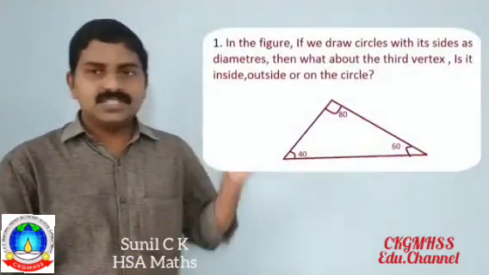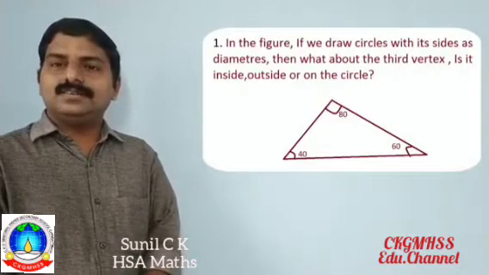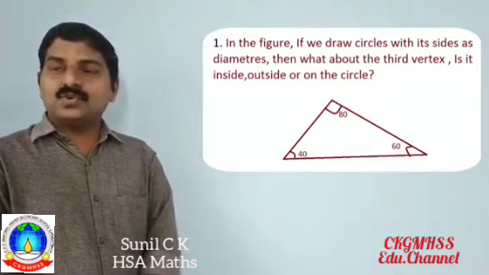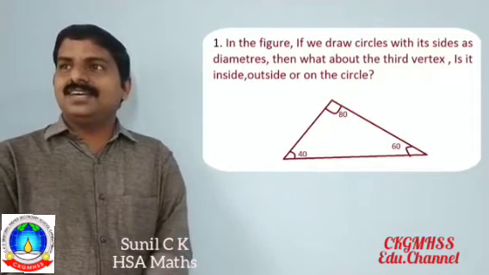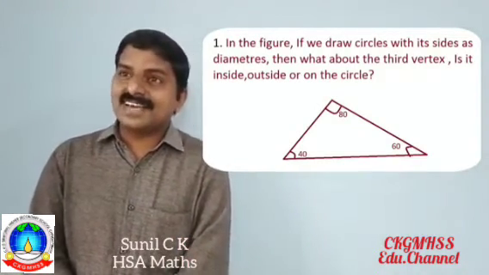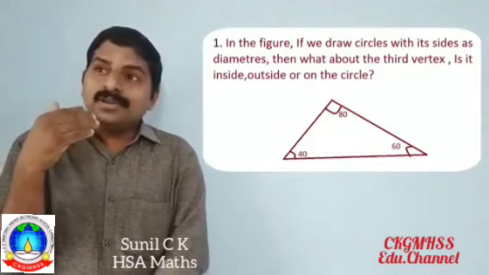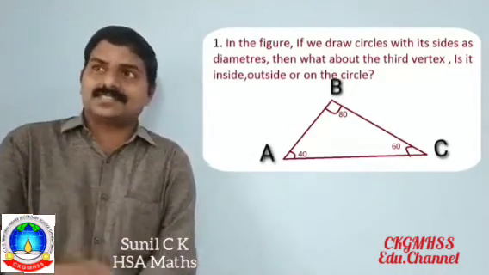Okay, then we can go to our first problem. See the first problem. Just read the problem. In the figure, if we draw circles with its sides as diameters, then what about the third vertex?